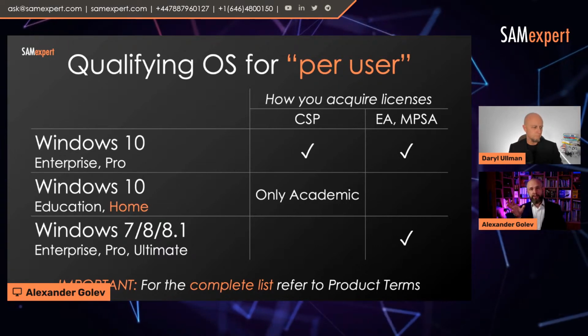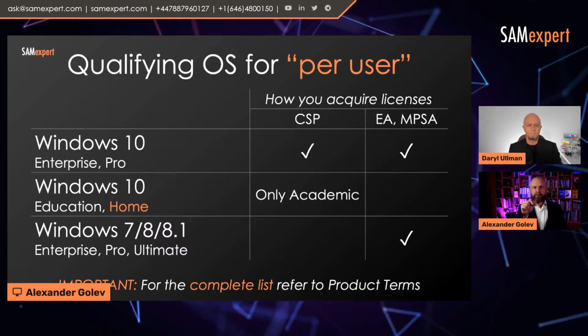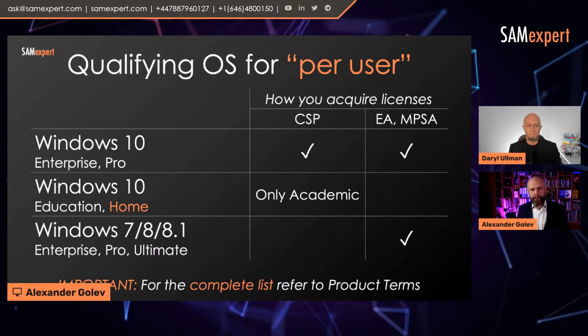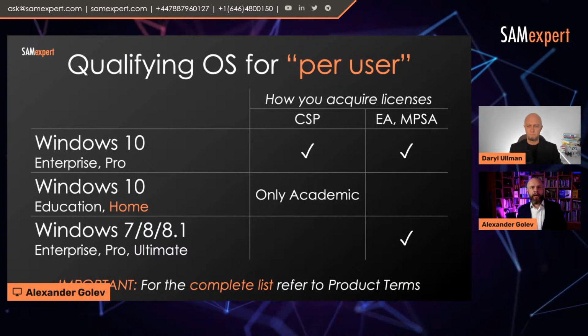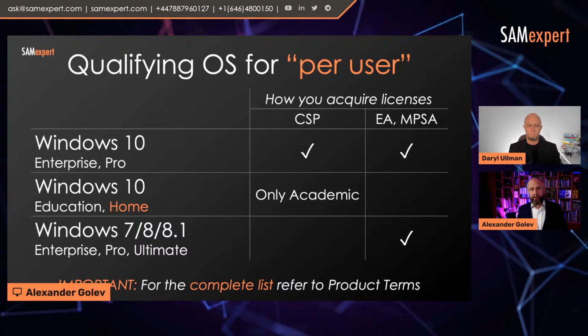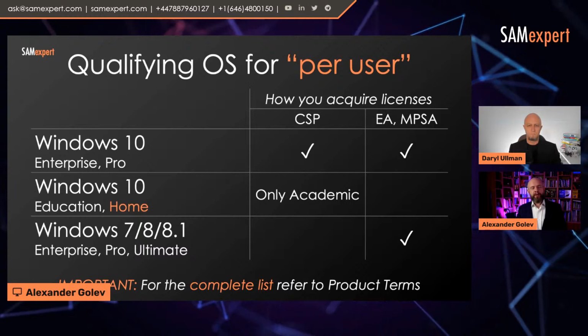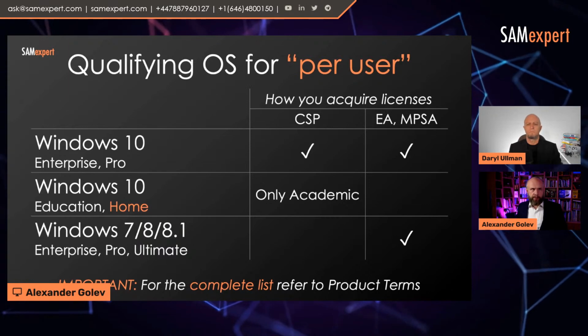So when you assign per user licenses, the modern desktop licenses for Windows 10, to your users, what is a qualified OS for them? If you buy your enterprise licenses through an enterprise agreement, or MPSA, or Open as well. No, let's stick to the slide. EA, MPSA, Select Plus as well.